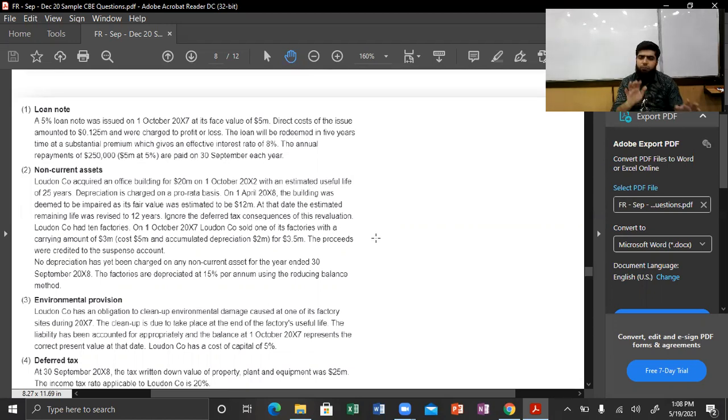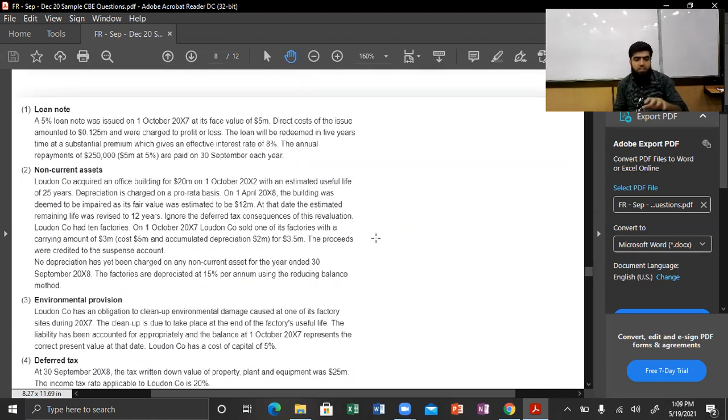One more thing, always remember, whenever you start a question of final account, it is not a separate topic or chapter, but a summary of all accounting standards. When we read out all those adjustments, we will find the application of different standards, it may be IAS 12, IFRS 9, IFRS 16, IAS 16.